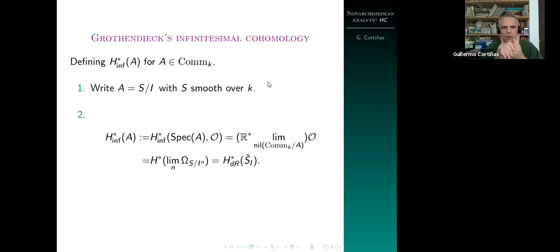And well, why do I say this is the right theory? It's the right theory because Grothendieck proved that in this way, if you are over the complex numbers, you recover the de Rham homology in the smooth case, and in general you recover the Betti homology of the underlying space. So this is the homology that you want. And in what sense does HP recover this?